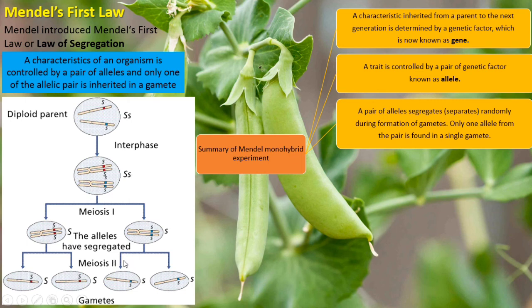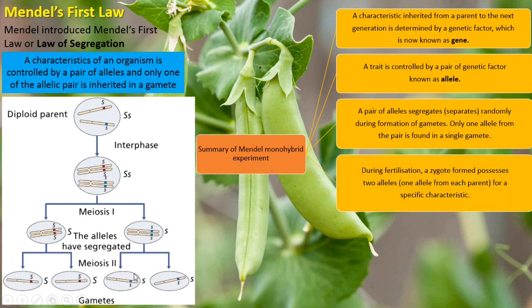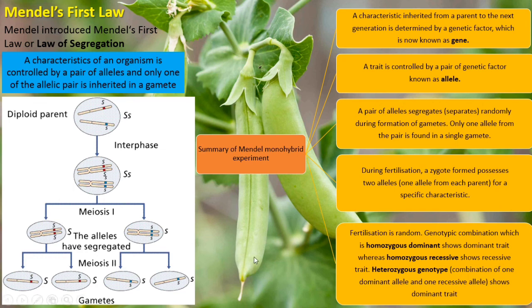During fertilization, a zygote possesses 2 alleles, 1 allele from each parent for a specific characteristic. So fertilization is random. The genotypic combination of the homozygote dominant shows the dominant trait, while the homozygote recessive shows the recessive trait. The heterozygote genotype, a combination between a dominant allele and a recessive allele, shows the dominant trait.